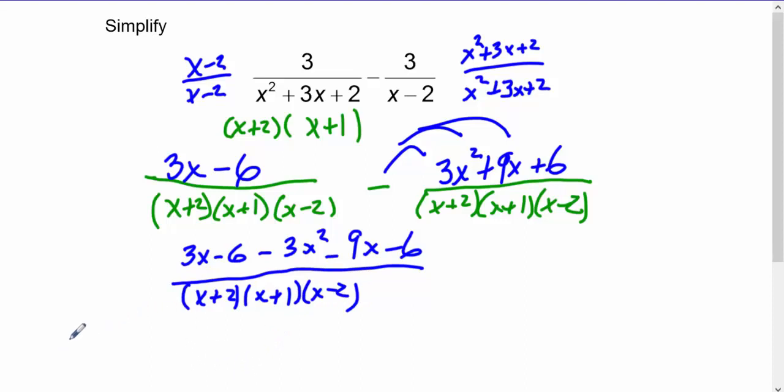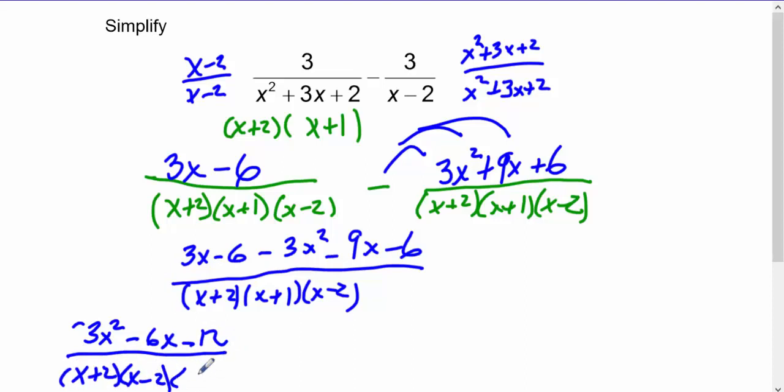Combining like terms, so I'm going to start over here. I've got a negative 3x squared. I've got a negative 6x and a negative 12 over x plus 2, x minus 2, and x plus 1.